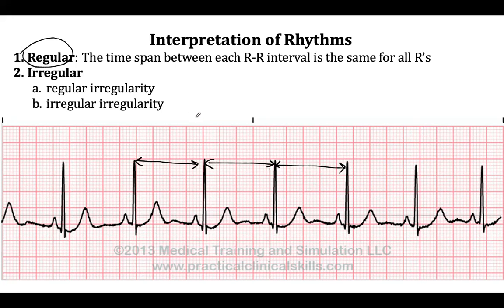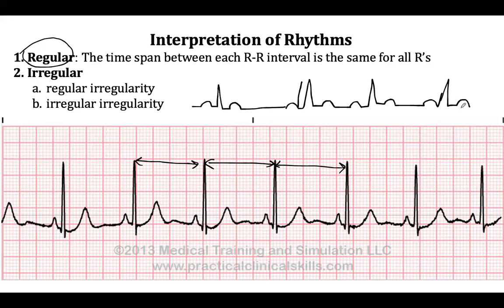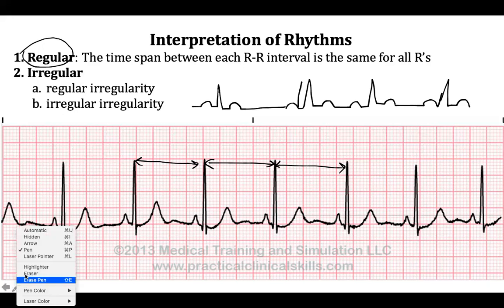How would an irregular rhythm look? You have your QRS T wave, and then you have a big gap, and then your next one, and then the next one happens like this. And then again you have a gap. Is this an actual ECG? Of course not. But would you possibly see a rhythm that looks like this?